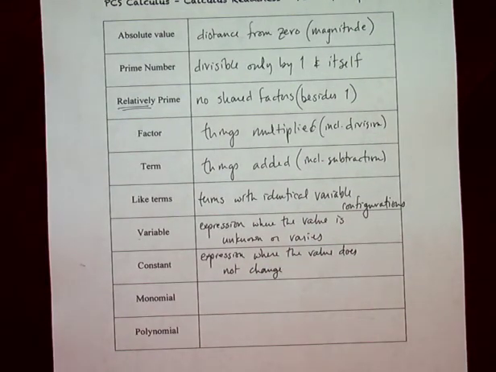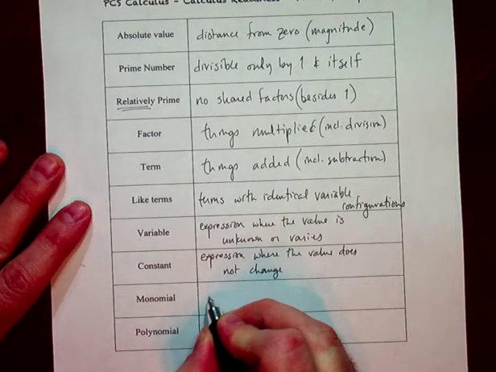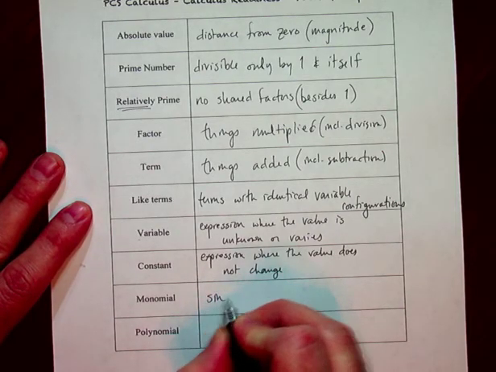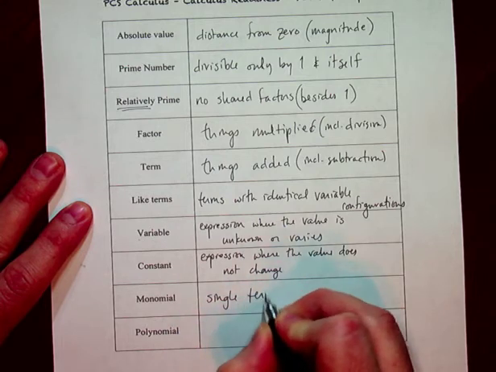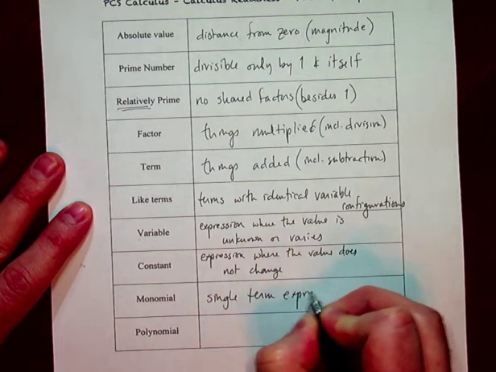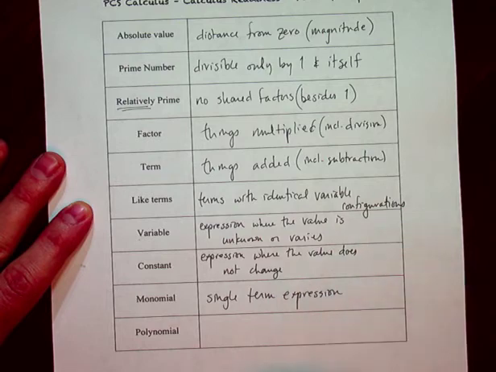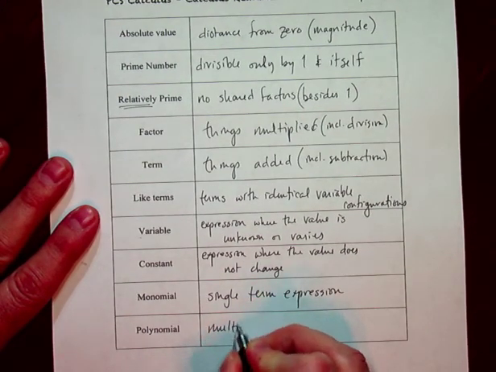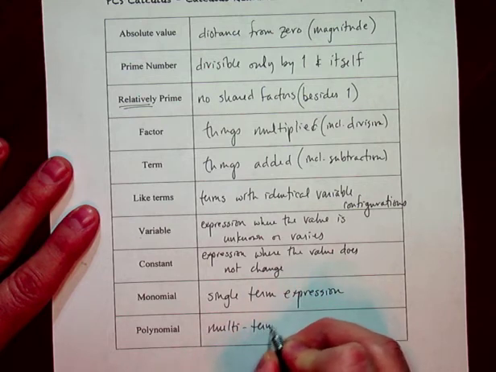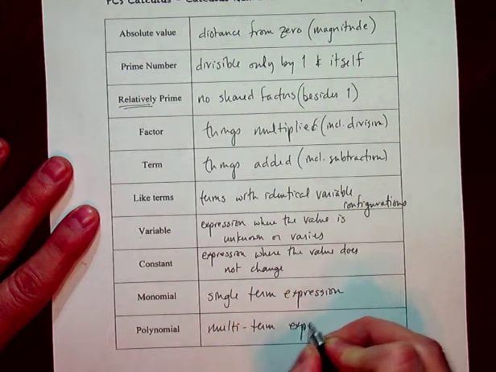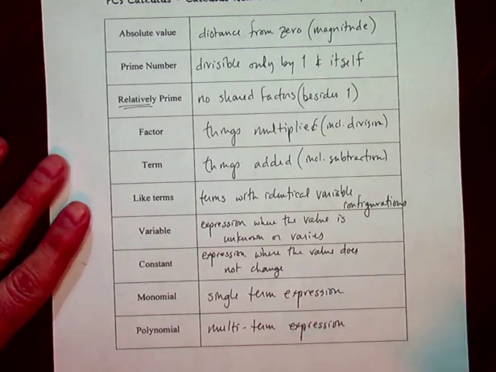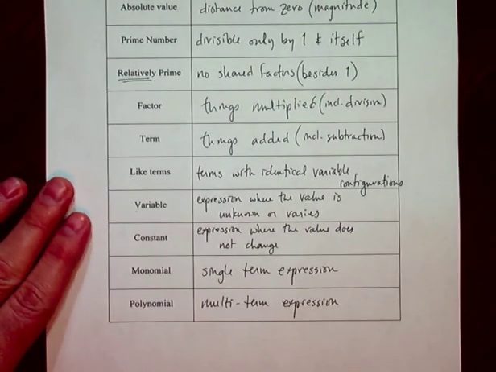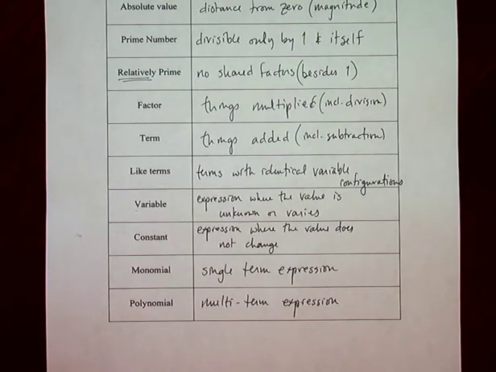Now, a monomial is an expression that is a single term expression. And of course, a polynomial is a multi-term expression. And polynomials can be subdivided into binomials and trinomials and all sorts of fun stuff like that.